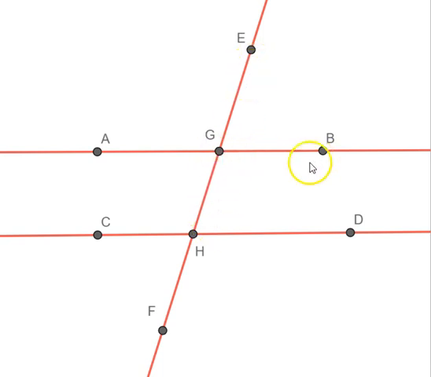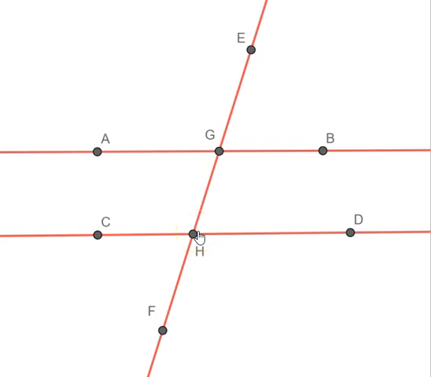Now, we know angle BGE plus HGB, they are on the same straight line, adjacent angles. So they sum up to 180 degrees. But we also know that AGH is equal to DHG.